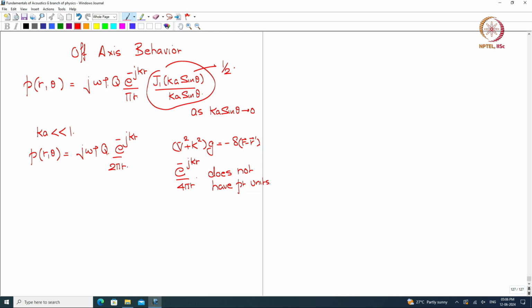It has 1 over length units, but if we add j omega rho Q, then this becomes pressure. Now this is a pressure due to a very small source, pressure from a monopole.